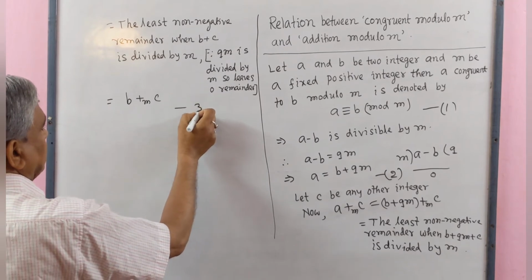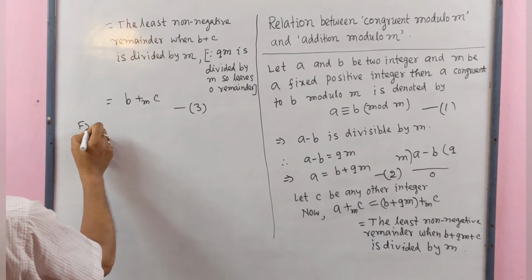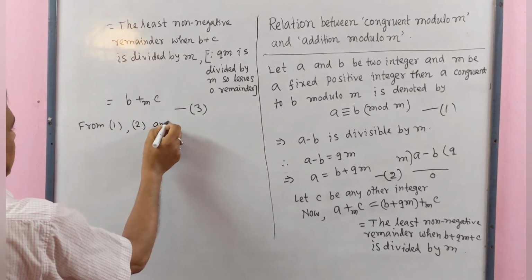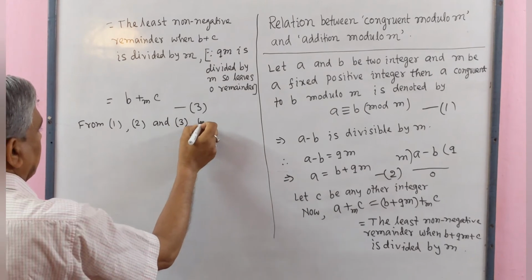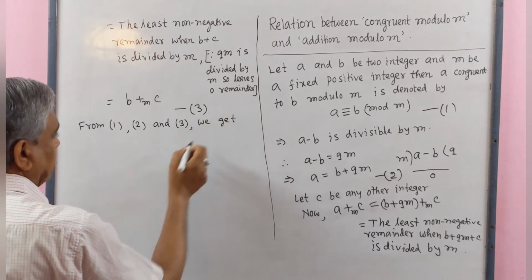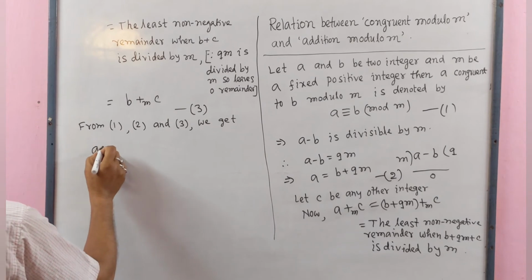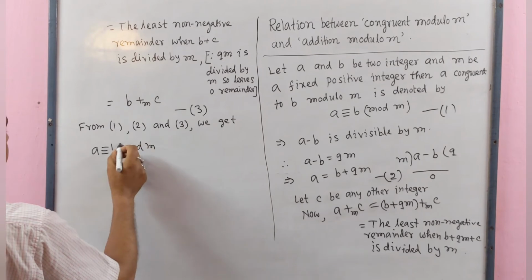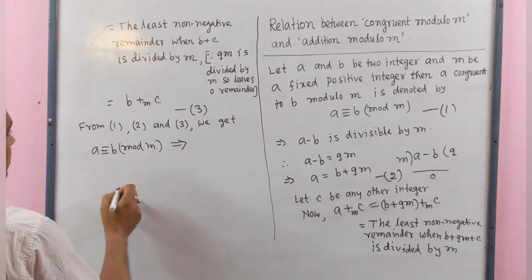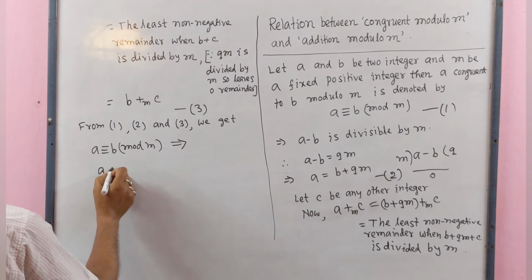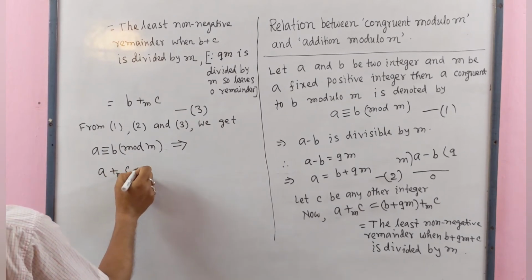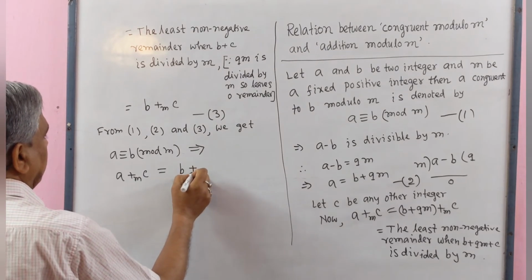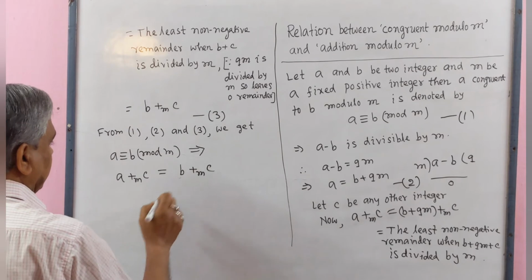This is number 3. From 1, 2 and 3 we get a congruent b modulo m implies that a addition modulo m c equal to b addition modulo m c.